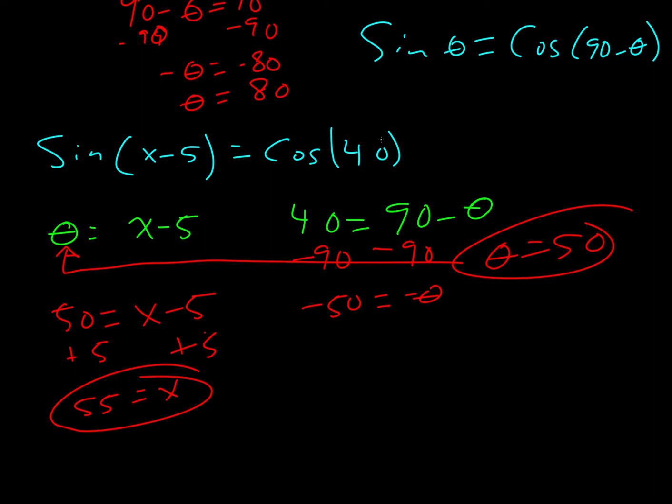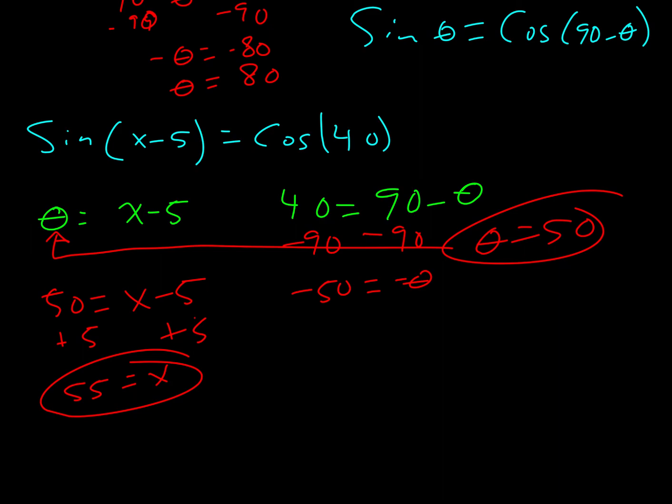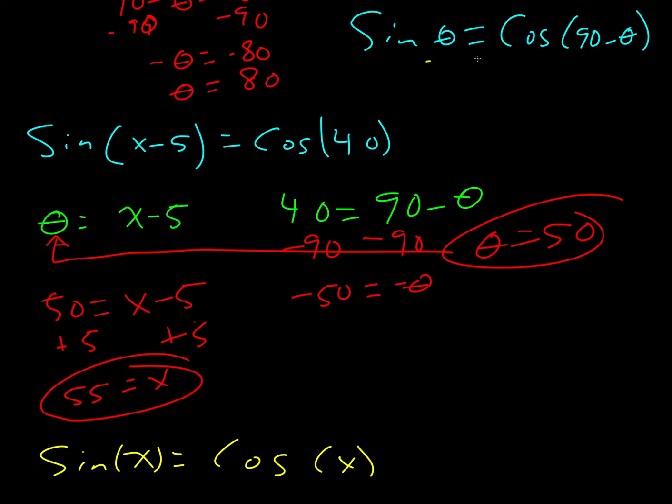This one's kind of interesting, so I'm going to do this one. Sine x equals cosine x. This is basically saying when does sine equal cosine. So once again, create an equation up here. X is in the spot of theta, so x equals theta. X is also in the spot of 90 minus theta.